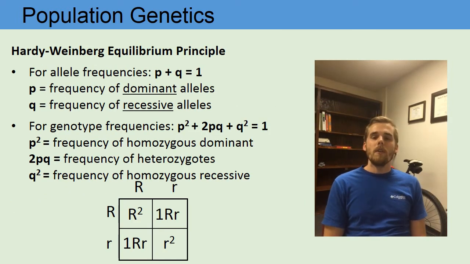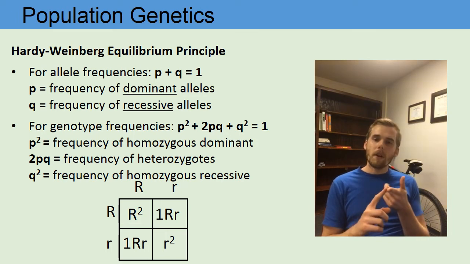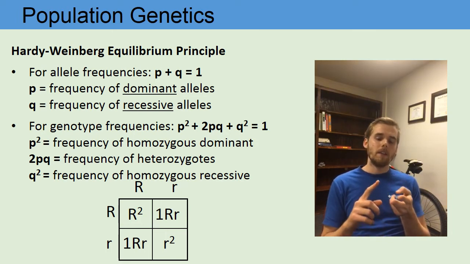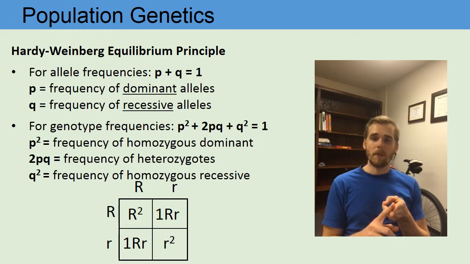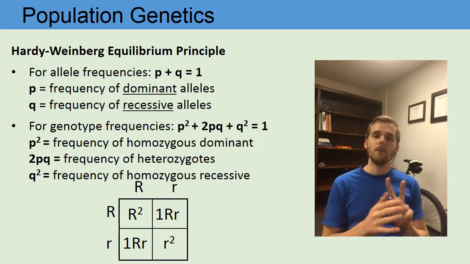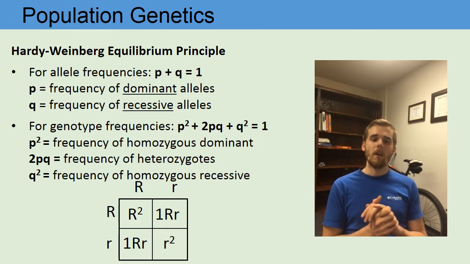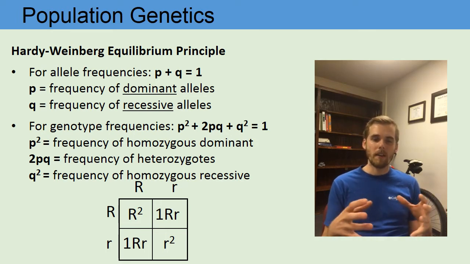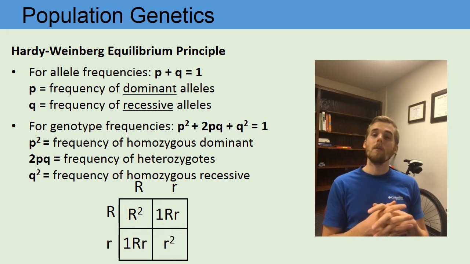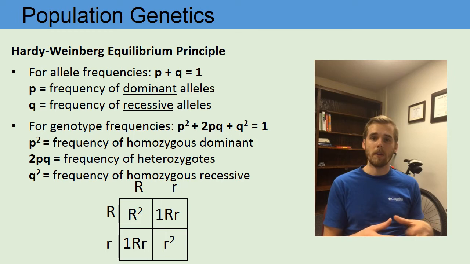Now the Hardy-Weinberg equation can be used to measure 2 different things: allele frequencies within a population and genotype frequencies within a population. So let's consider a particular trait that has 2 alleles. One of those alleles would be big R and the other allele would be little r. If you were to add all of the big R's together and all of the little r's together and combine this, then this would be equal to 100% of the alleles for that particular trait within the population.